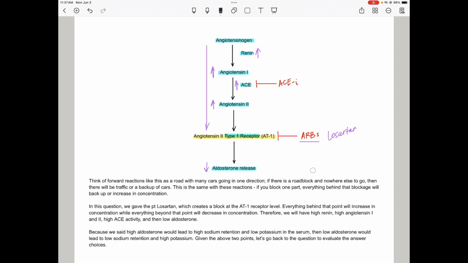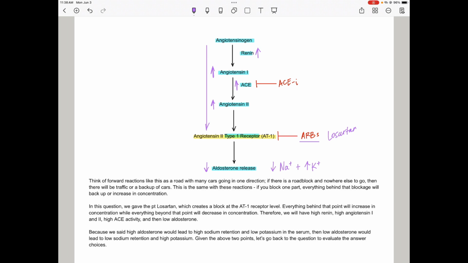Now, if we have low levels of aldosterone, we will then have low levels of sodium in the blood, but high levels of potassium in the blood. Okay, because again, we said when we have high aldosterone, then we will have high sodium and low potassium in the blood. Now we have low aldosterone, therefore we should have low sodium but high potassium in the blood.